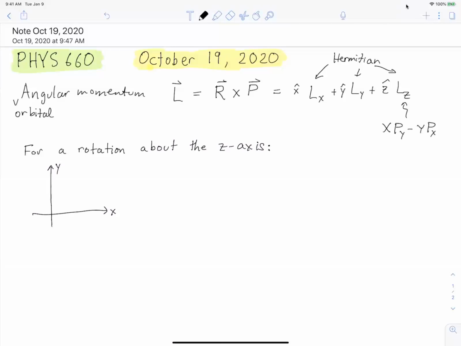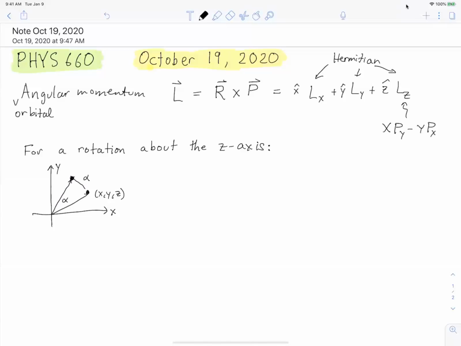Let's say we're describing some point right there. And so there's a vector from the origin to that point, x, y, z. Okay, and we're going to rotate by some angle alpha. And so there's the new point after the rotation.